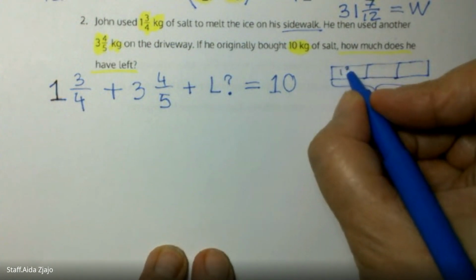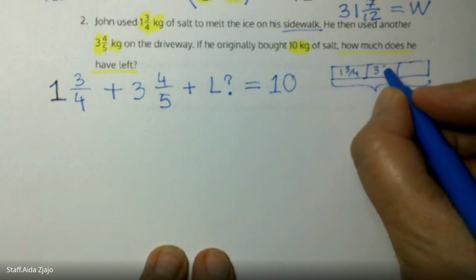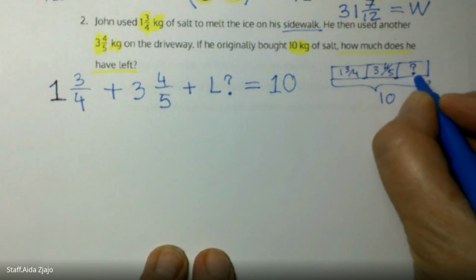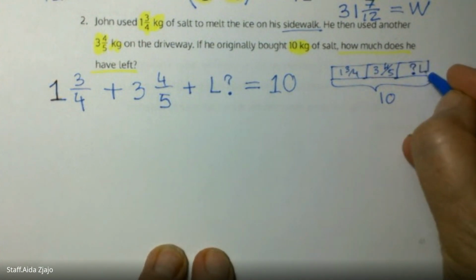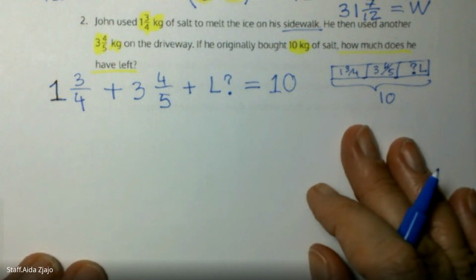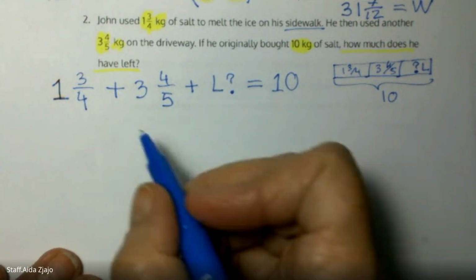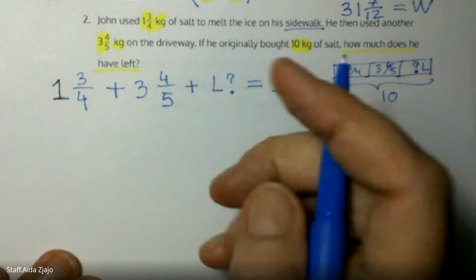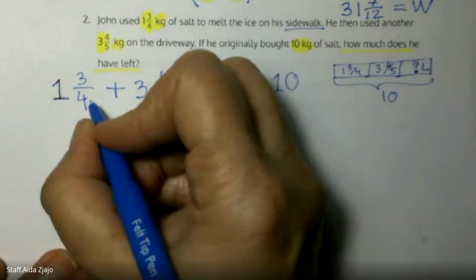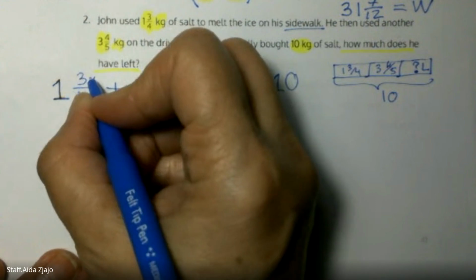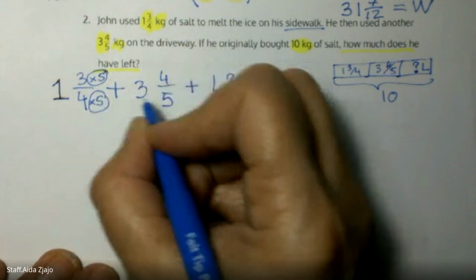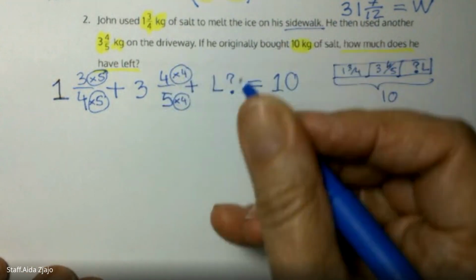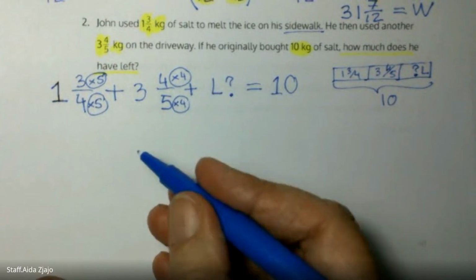So 1 3/4, 3 4/5, and the unknown leftover must equal 10. We can skip count by 4 and by 5, and we can see that these have to be twentieths, because 4 times 5 is 20, and 5 times 4 is 20. So the least common denominator will be twentieths.